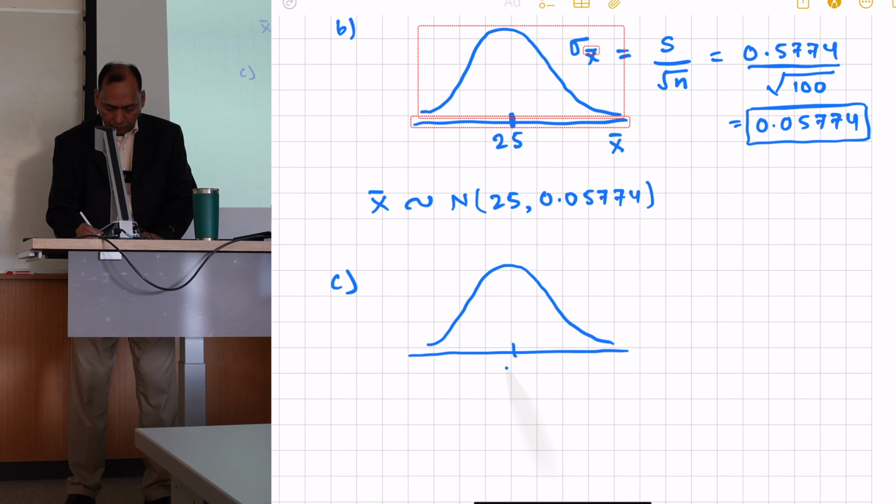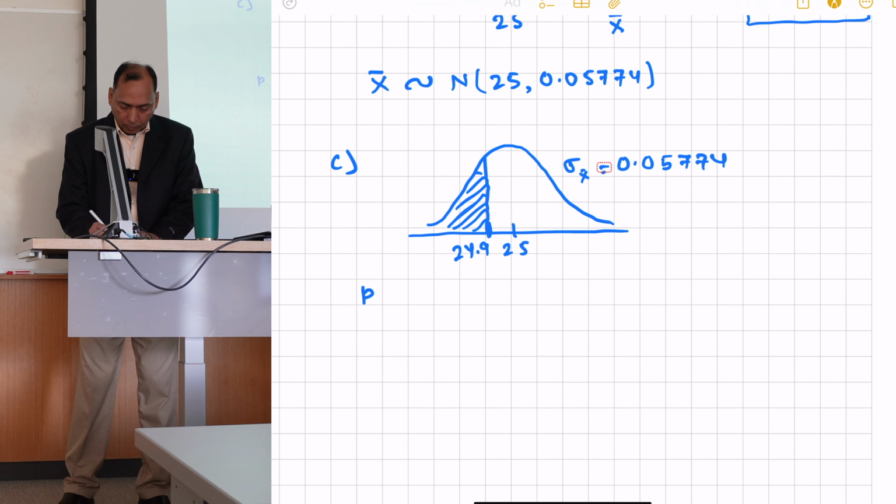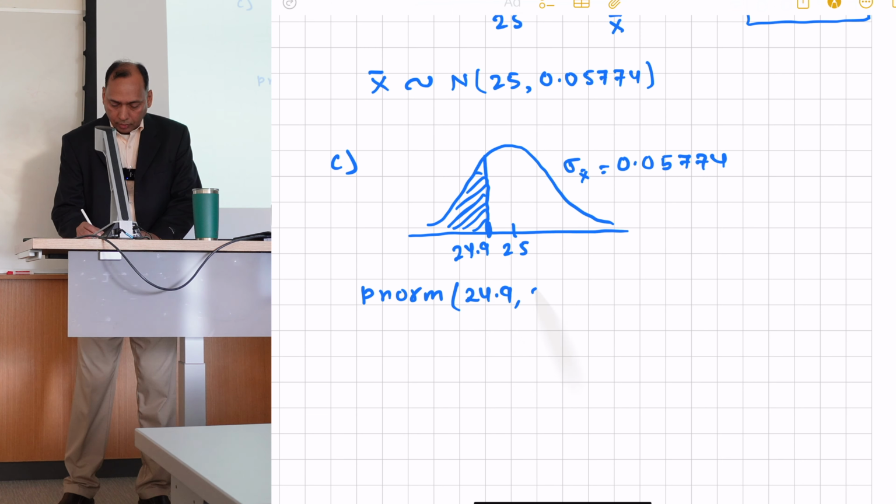So this is 25 and sigma of x bar is 0.05774, and 24.9 is somewhere here, and we want this area. We use our probability for normal distribution formula. This value is 24.9, mean is 25, and this is 0.05774.